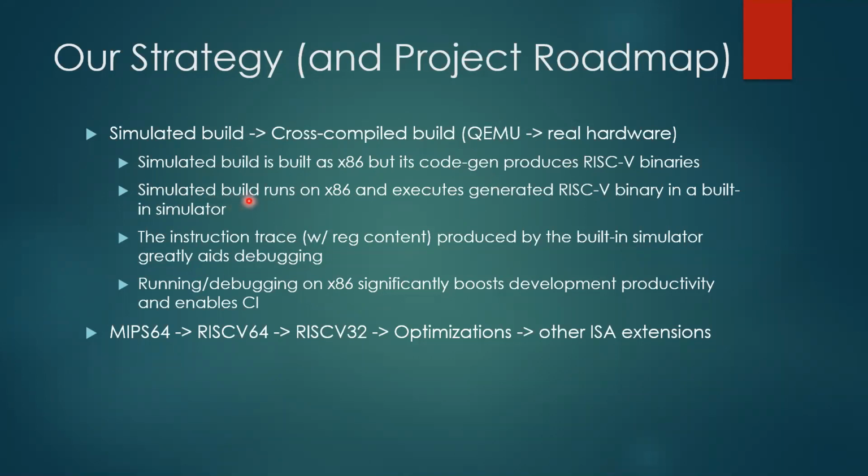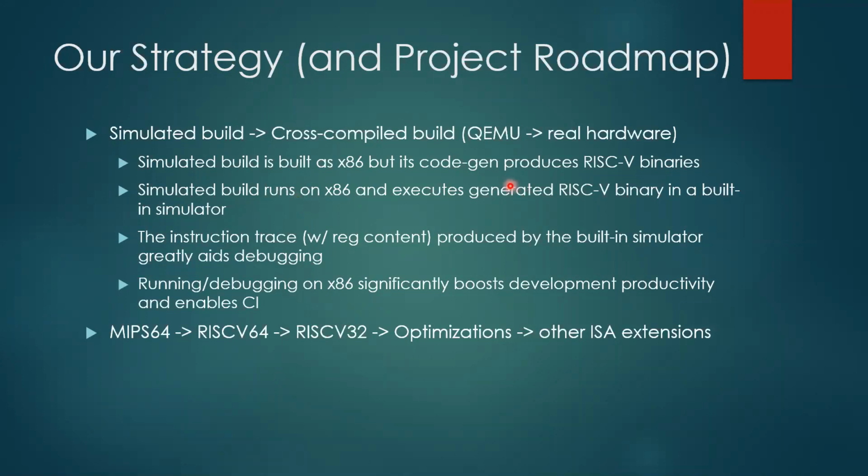Because V8 is a language VM, code execution is controlled by V8. So when it encounters a RISC-V binary, in the simulated build it will switch to a built-in simulator, which simulates the registers and instructions. So it is able to simulate the behavior of what this RISC-V binary is doing.